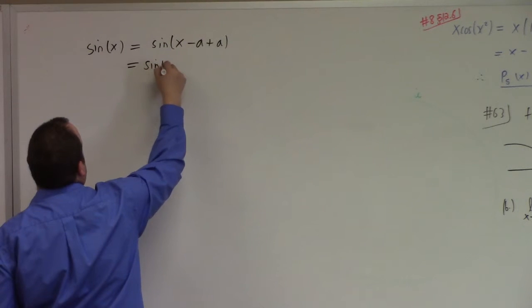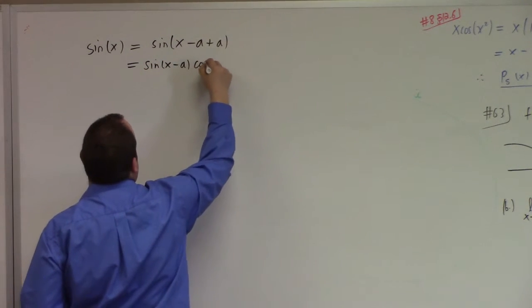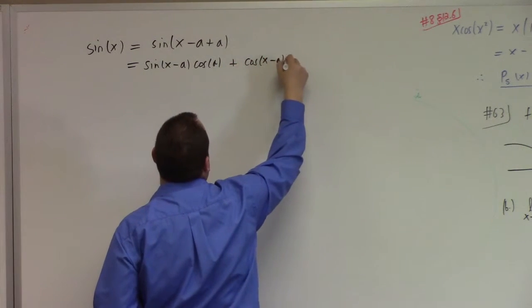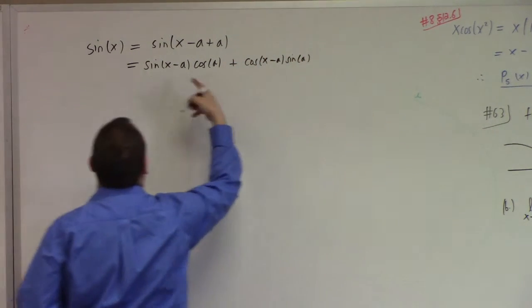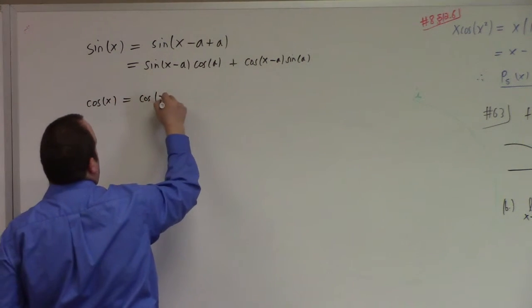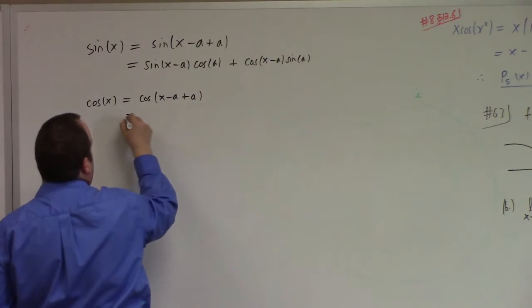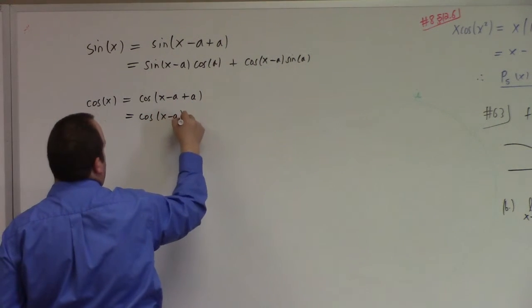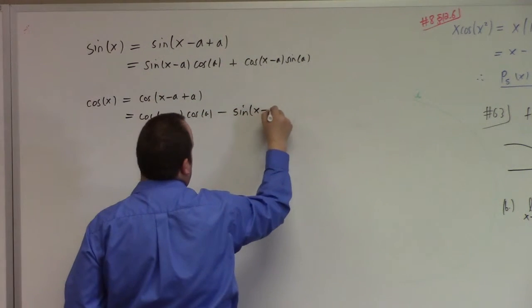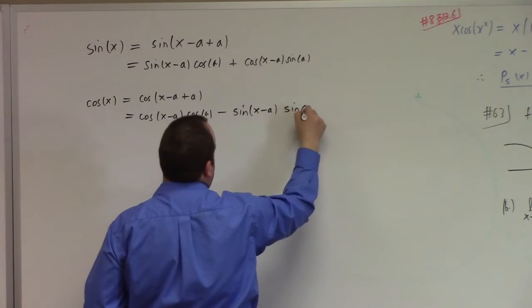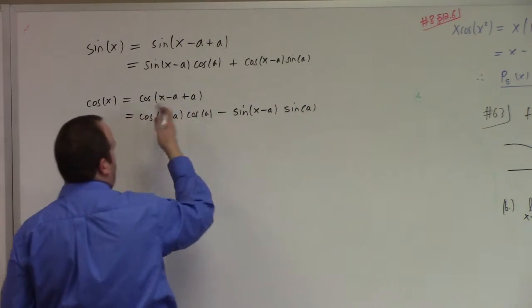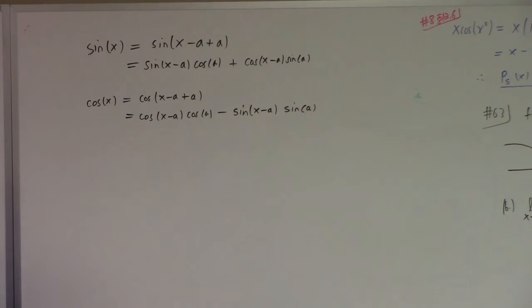That's sine of x minus a cosine of a plus cosine of x minus a sine of a. And then you can do Maclaurin expansions on those. Likewise for cosine: cosine of x minus a plus a is cosine of x minus a times cosine of a minus sine of x minus a times sine of a.